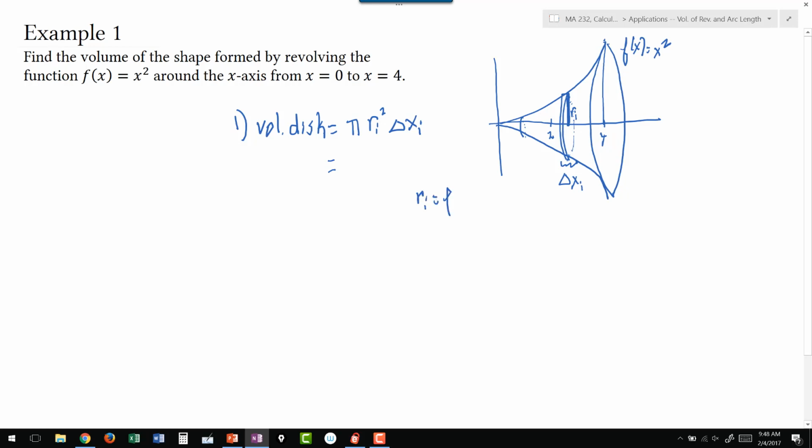The way we do so is to notice that whatever that radius is, it's the distance from the x-axis up to the curve x squared. In other words, it's just f of x sub i, where x sub i marks the location of that disk, which means we would end up with x sub i squared as the radius for the ith disk.